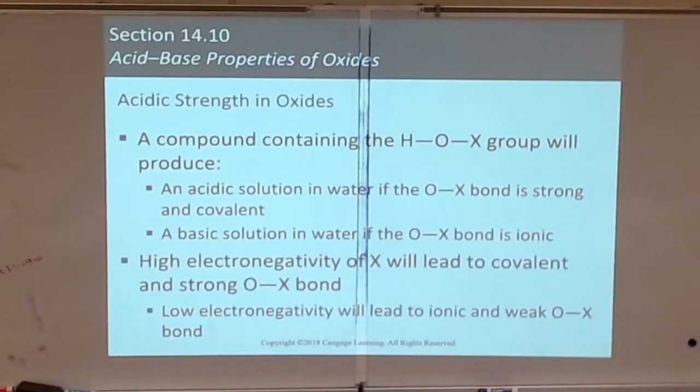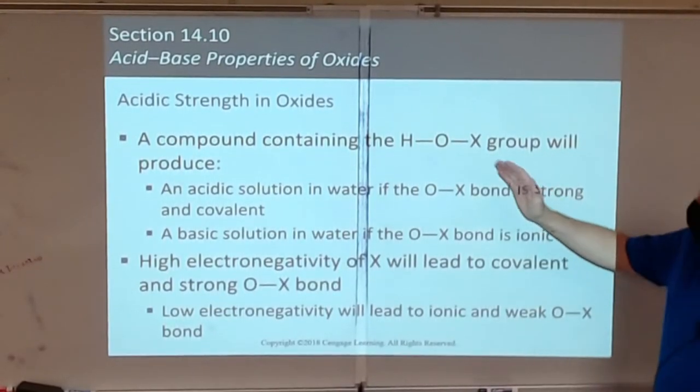All right. Let's see. Acid strengths and oxides. A compound containing this group produces an acidic solution if this bond is strong and covalent, and it's basic if that bond is ionic. This should make sense, right?